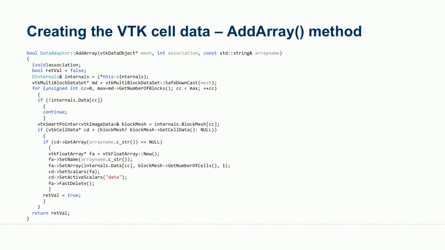So we're checking here if the node in the tree is a null pointer, then we're just going to continue and skip it. Otherwise, we're going to get a reference to that node.